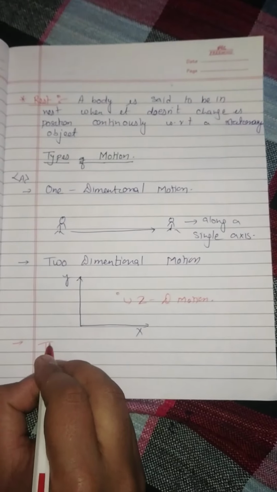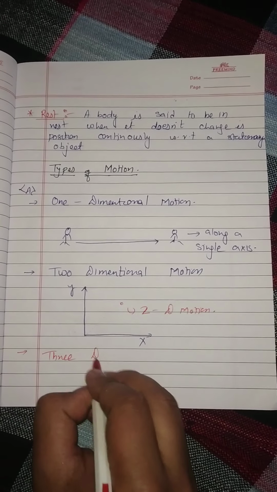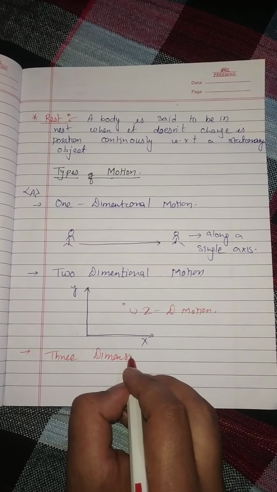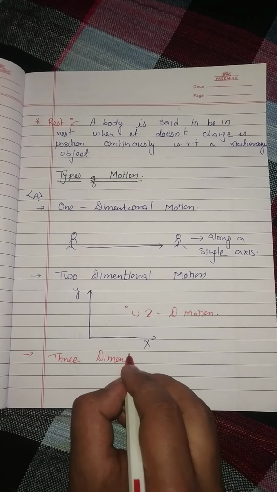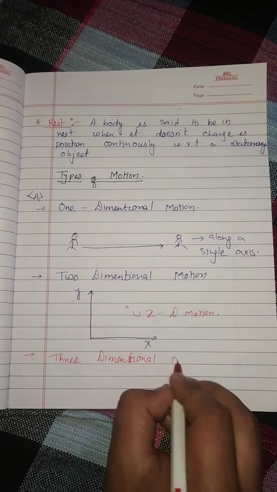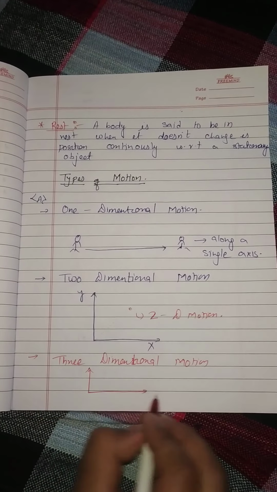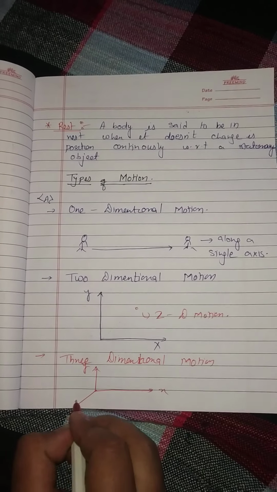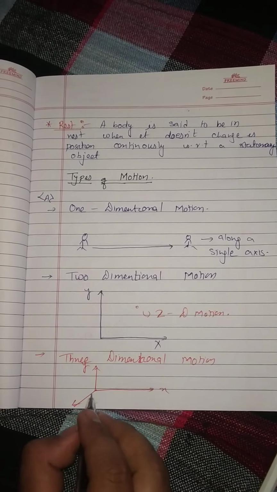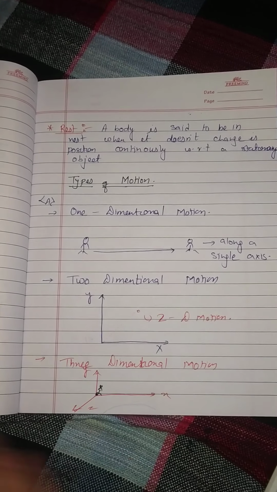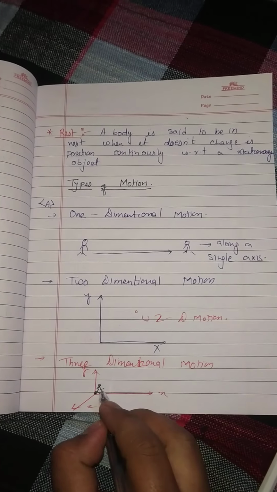Third is three-dimensional motion. For example, this is the x-axis, this is the y-axis, this is the z-axis. A child is sitting over this stationary point. We can take it as the origin, and he is flying a kite.